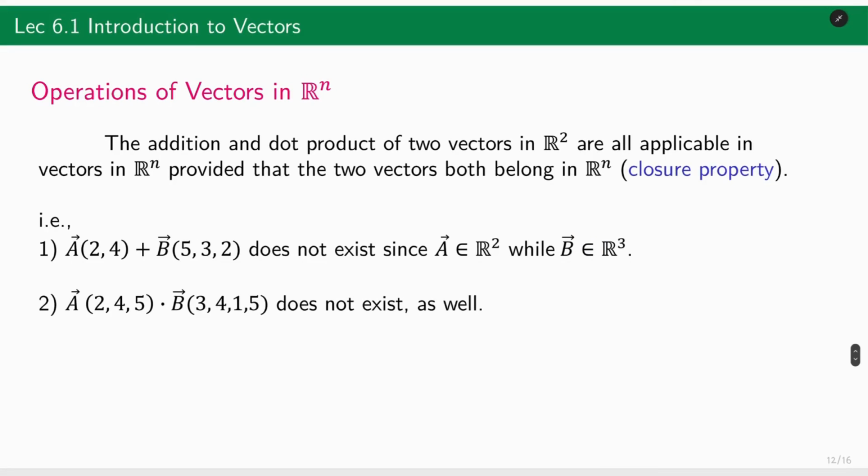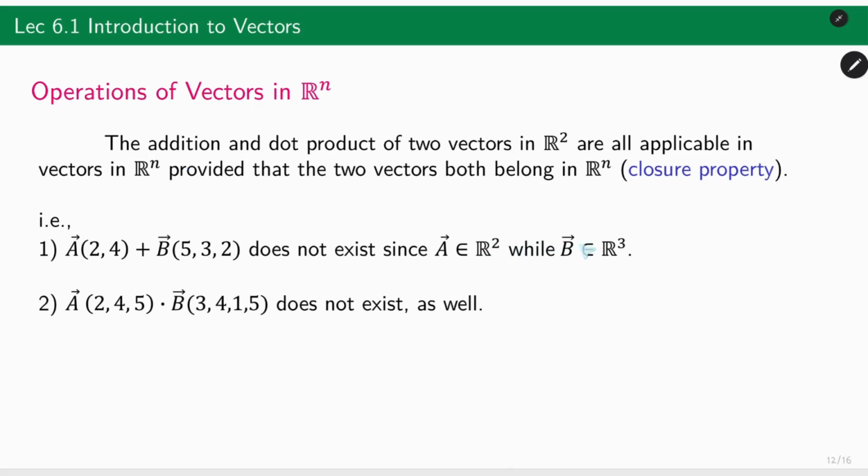The operations in Rn or n-space: the addition and dot product of two vectors in R2 are all applicable to vectors in Rn, provided that the two vectors both belong in the same vector space. So the closure property must still be observed. For example, vector A has two components, vector B has three components. We cannot add them because they do not exist in the same vector space.